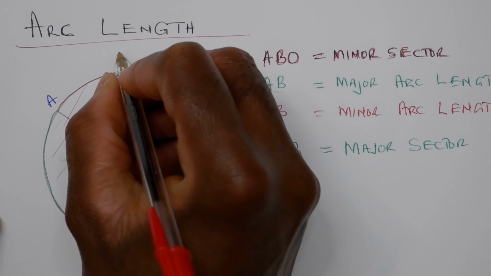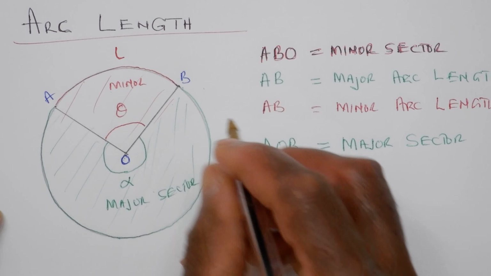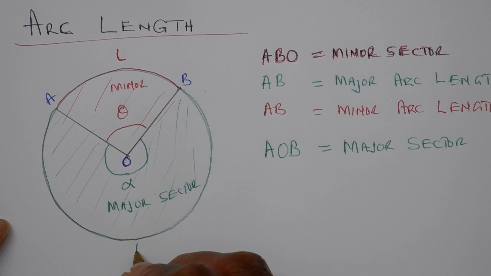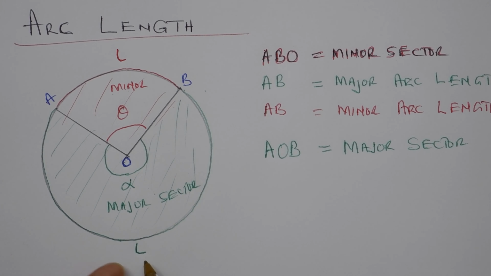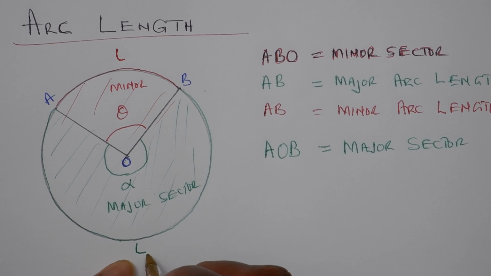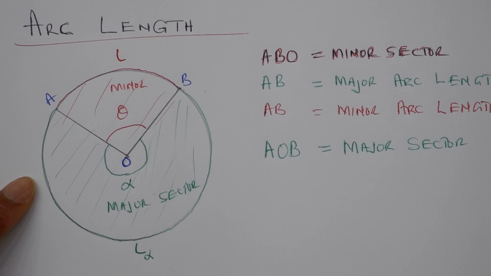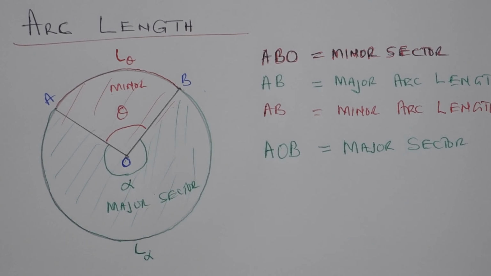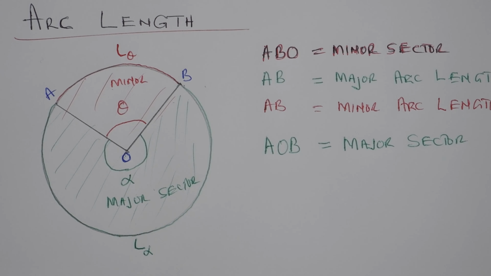This is the arc length for the minor, and this is the arc length for the major. That's a major arc length. It's generated by alpha, and the minor arc length is generated by theta. So that's important to know before you start on arc length, the definition we're talking about.